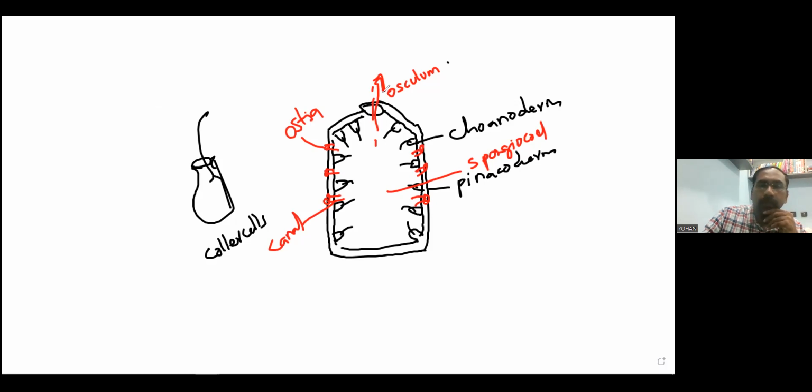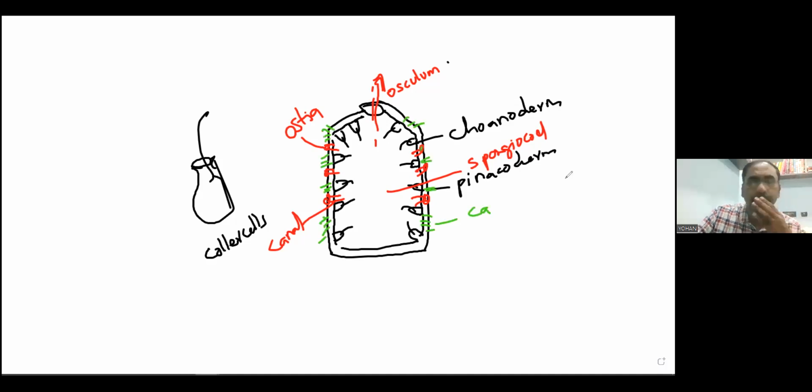At the same time, the body wall also consists of a skeleton. The skeleton may consist of calcium carbonate spicules. What are spicules?